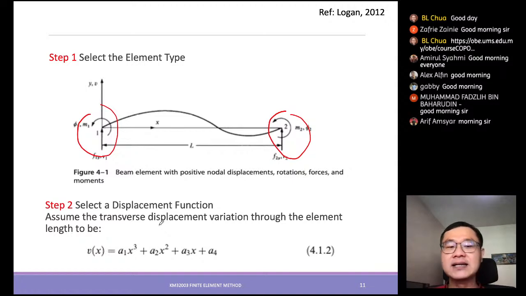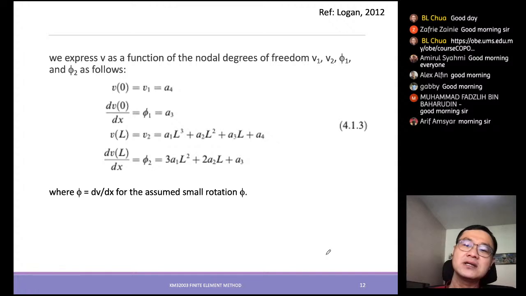Therefore, when we select the displacement functions, we would apply 4 unknown parameters for our displacement functions. So you have a1 until a4. If we further re-express them with respect to the degrees of freedom v1, v2, psi1 and psi2, eventually we will get this relationship.